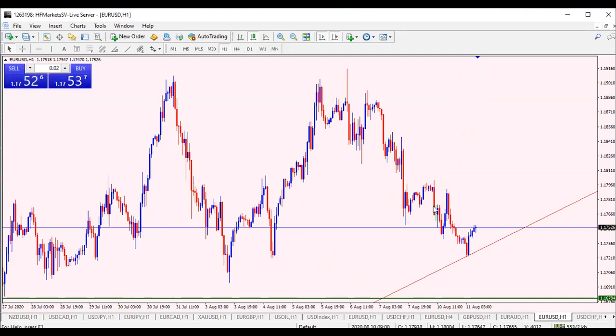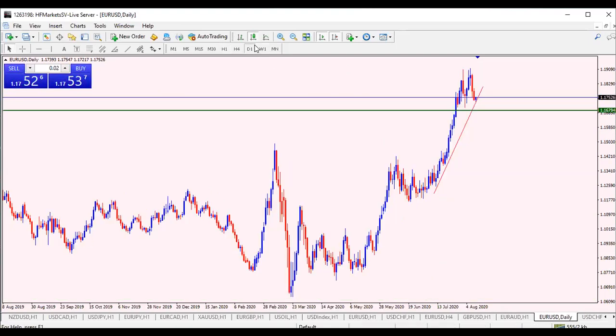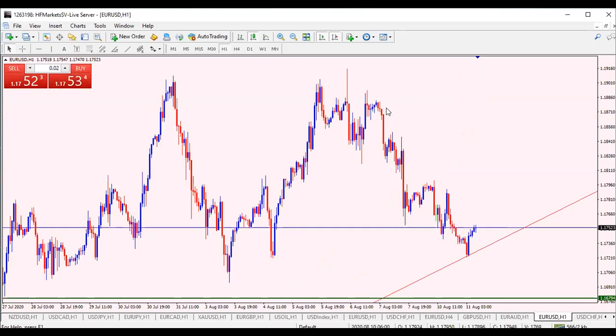If I relax myself selling this pair without being conscious of the market structure I saw in higher time frame, I might lose some money in this market.